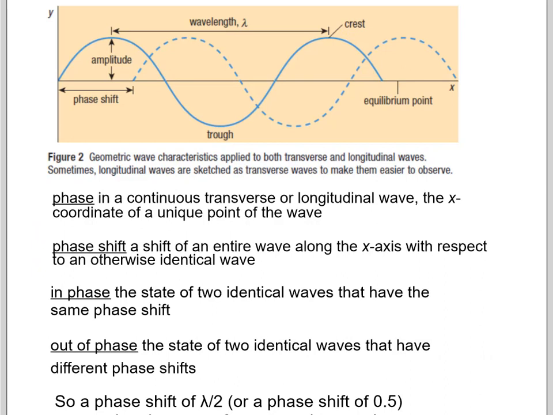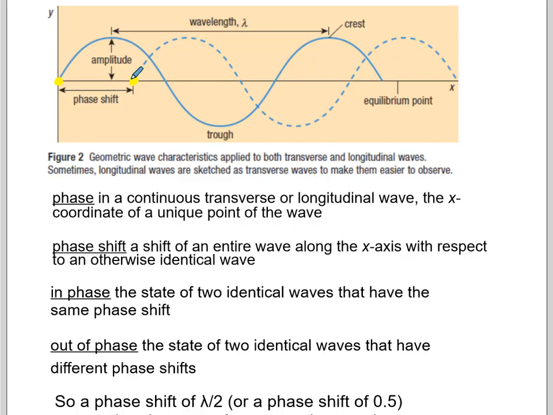Now we'll talk about phase and phase shifting. Phase is just your x location, essentially the x coordinate of your wave. When you talk about a phase shift, you're talking about how it's moved. So if this is the starting location of the original wave and this is the new location, it has been phase shifted to the right a certain amount.